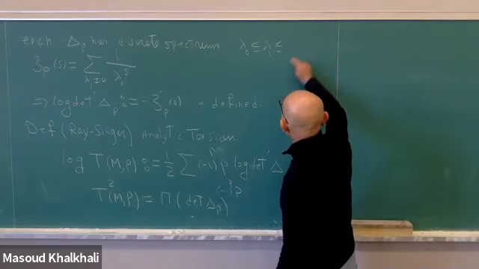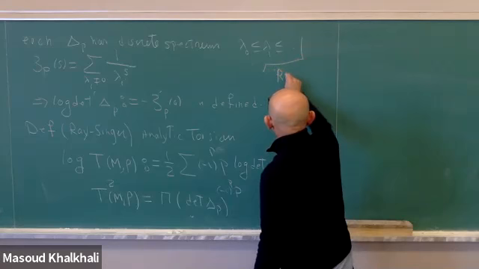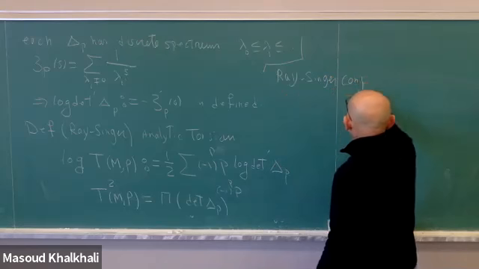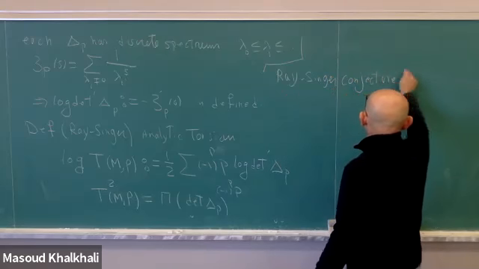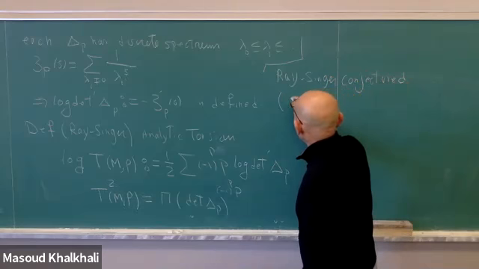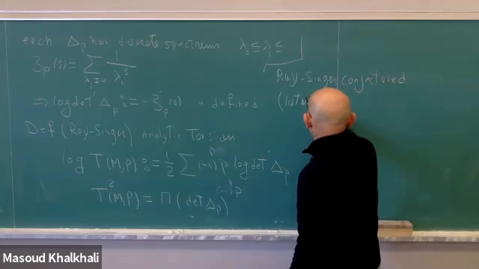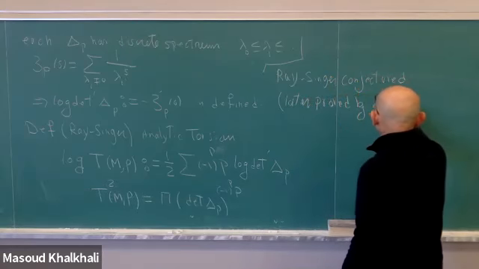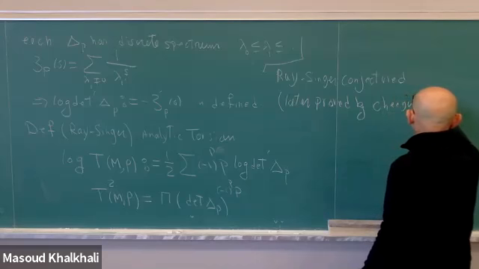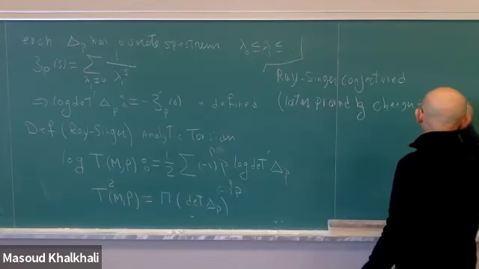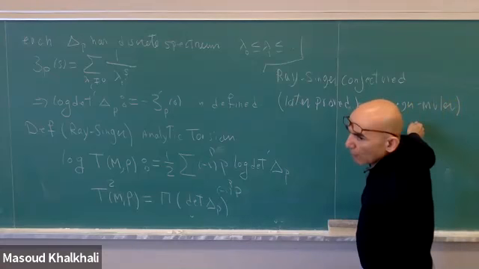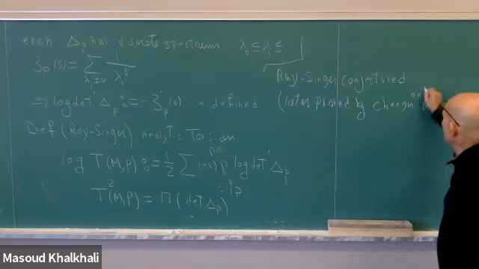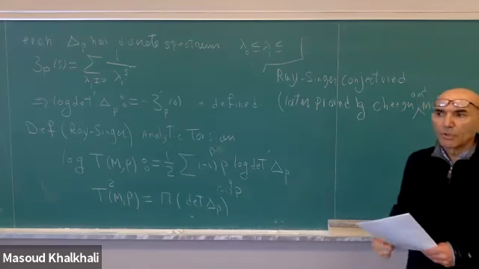So this Ray-Singer conjecture was conjectured, but then later proved by Cheeger and Müller. There are two independent proofs, done separately. I believe their methods are also different.